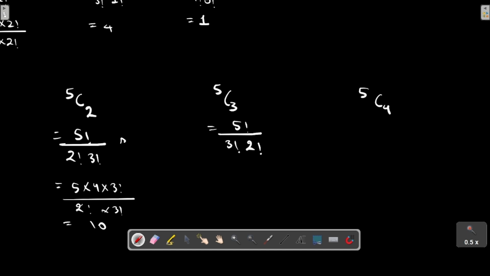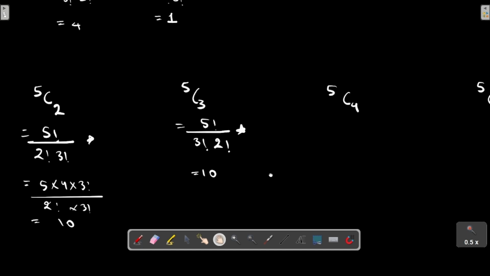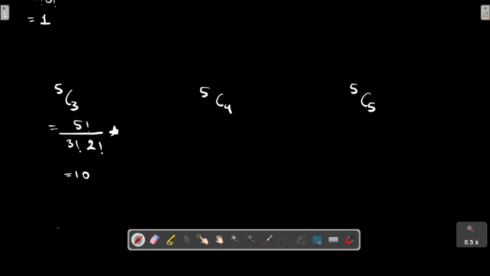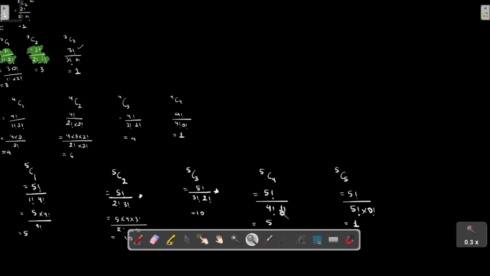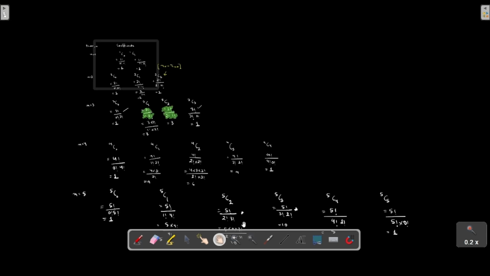Look, the expansion of these two are same, and hence this will be equal to your 10. 5C4, it will be equal to 5 factorial upon 4 factorial, 1 factorial, which is 5. 5C5 will be equal to 5 factorial upon 5 factorial, and when you subtract the 2, it's 0. So that's just 1.